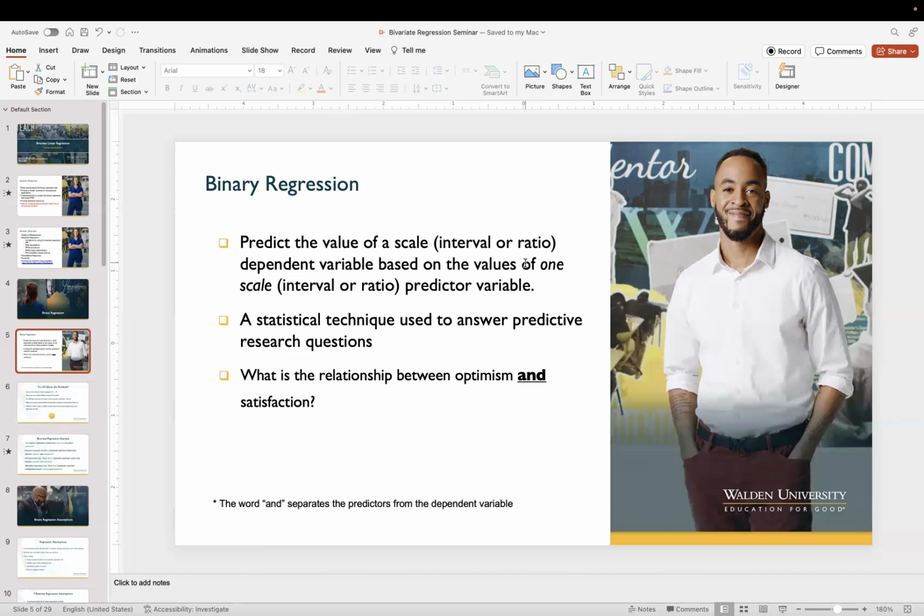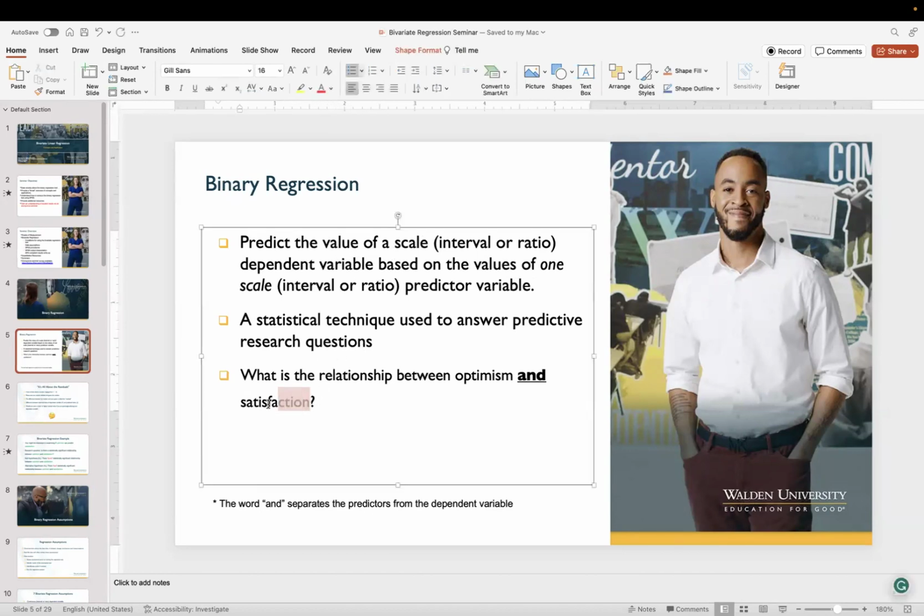And again, it's a statistical technique used to answer predictive questions. For example, a simple question such as, what is the relationship between optimism and satisfaction? Now, remember, we're going to predict the value of a scale dependent variable.